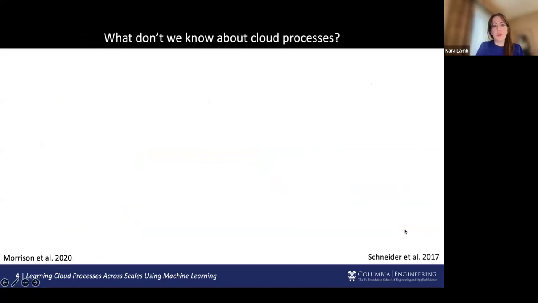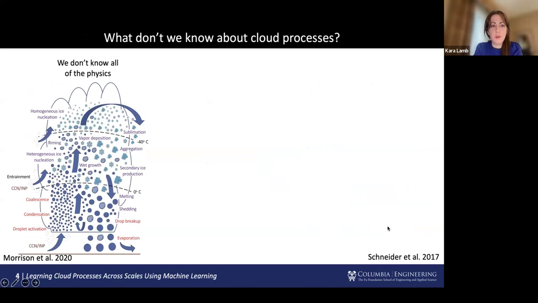So there's still a lot of things that we really don't know about how to represent these processes, especially across all these different scales. And we still don't know all of the physics at the smallest scales in these clouds, especially across all of the regimes in the atmosphere that we're going to be interested in, and especially that we might need to represent in the case of a changing climate.